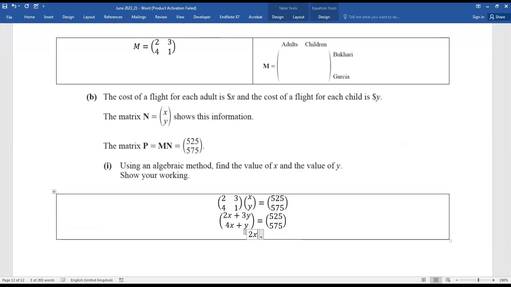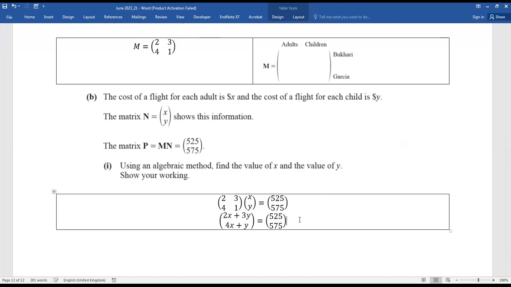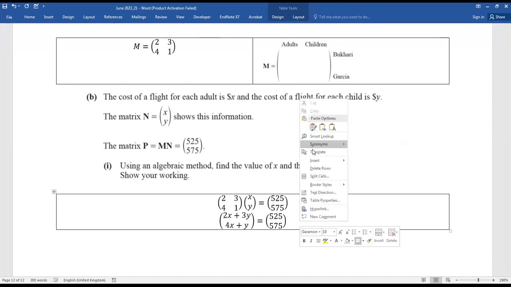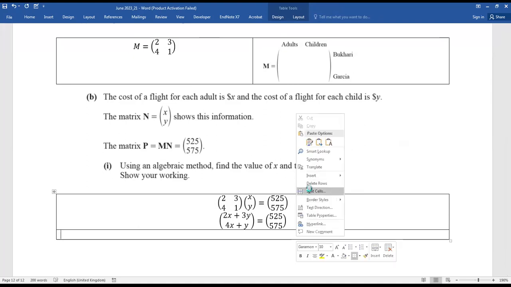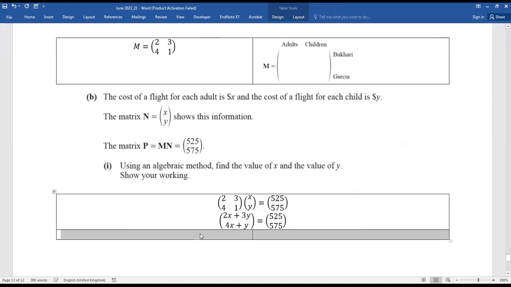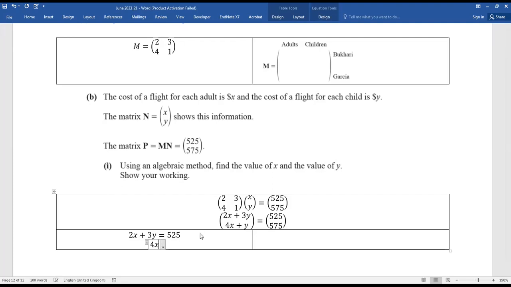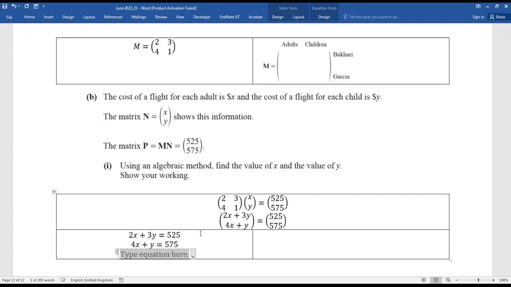Now we get two equations, the first element being equal to the first one. We will say 2x plus 3y equals 525, and 4x plus y equals 575. We will solve them simultaneously.